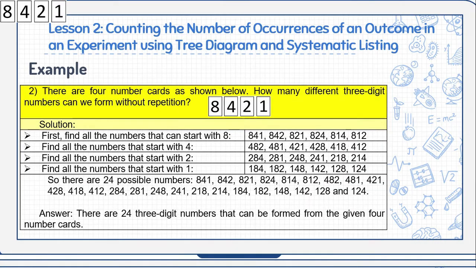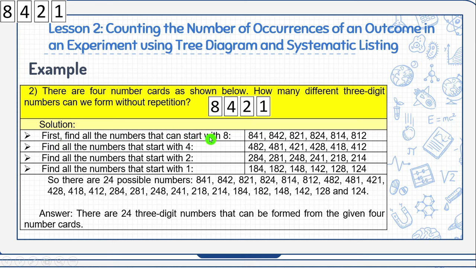Now, for the second example, we have here, there are 4 number cards as shown below. We have here 8, 4, 2, 1. How many different 3-digit numbers can we form without repetition? So, using again the systematic listing, first is find all the numbers that can start with 8.